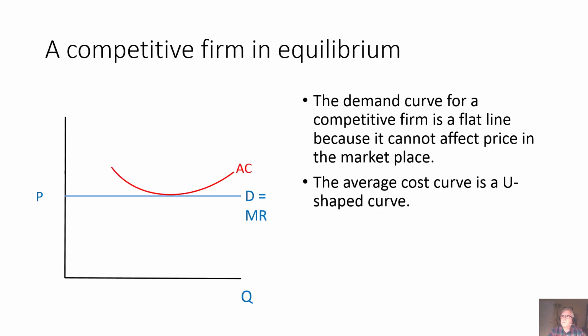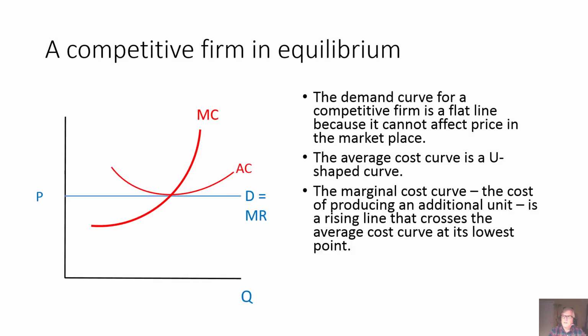And we've talked about how the average cost curve of a firm would be a sort of U-shaped curve. Initially, there might be some economies of scale, but quickly those are going to go away, and the curve is going to be upward sloping as you have diminishing returns as you try to produce more product. Then we've talked in earlier videos about the marginal cost curve, and this is the cost of producing the very next unit.